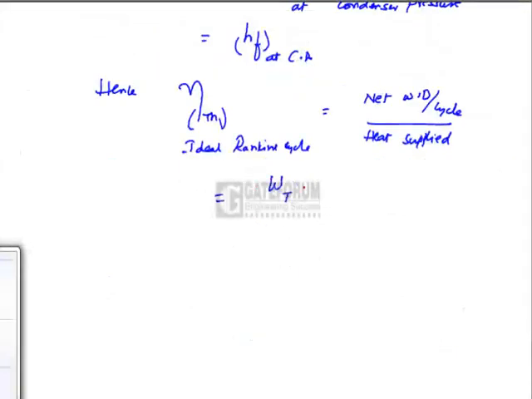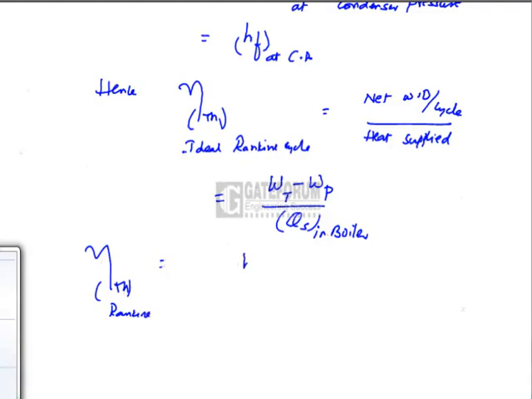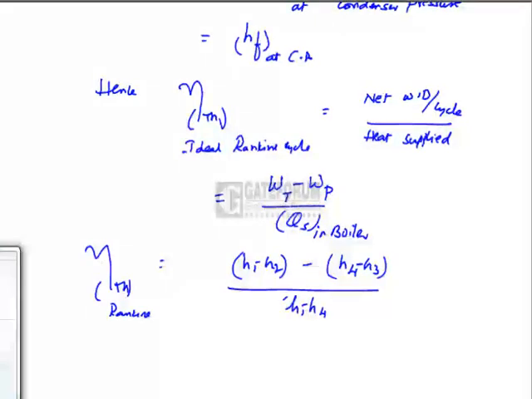Net work done per cycle is Wt minus Wp, because a part of turbine work, though it is lesser, is used to drive the pump, divided by heat supplied in the boiler, which is written as H1 minus H2, that is turbine work, minus H4 minus H3, that is the pump work, divided by H1 minus H4, that is heat supplied in the boiler.